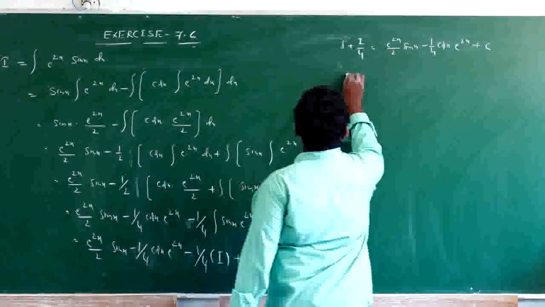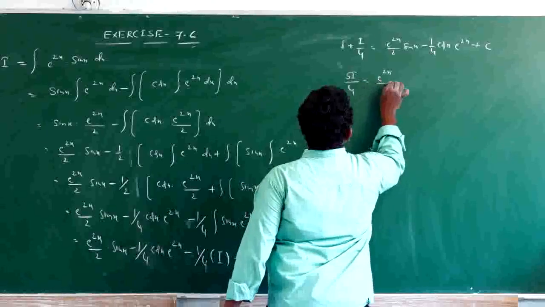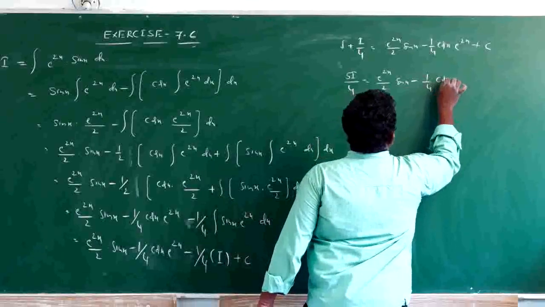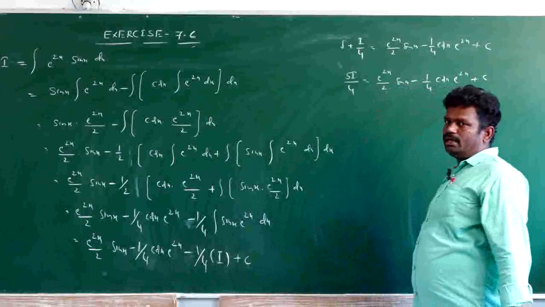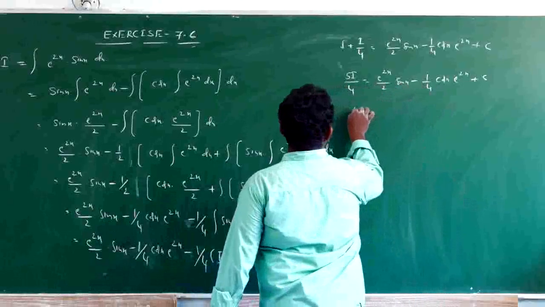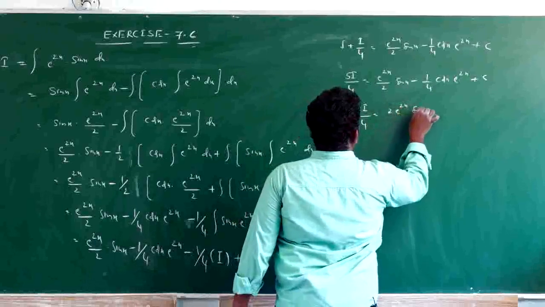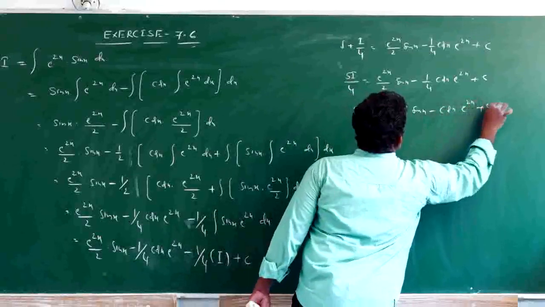Now 5I by 4 is equal to e^(2x) by 2 into sin x minus 1 by 4 cos x e^(2x) plus c. Okay? Taking LCM 4, 5I by 4 is equal to 2 into e^(2x) sin x minus cos x e^(2x) plus 4c.